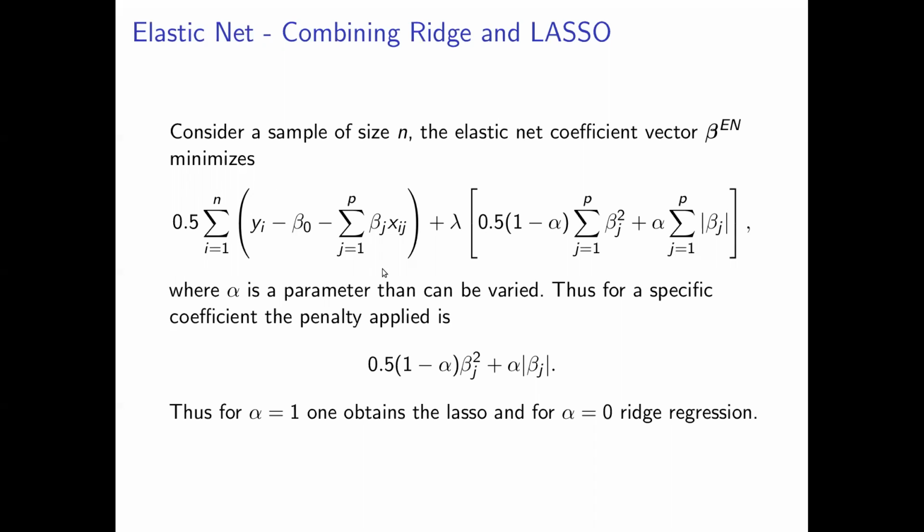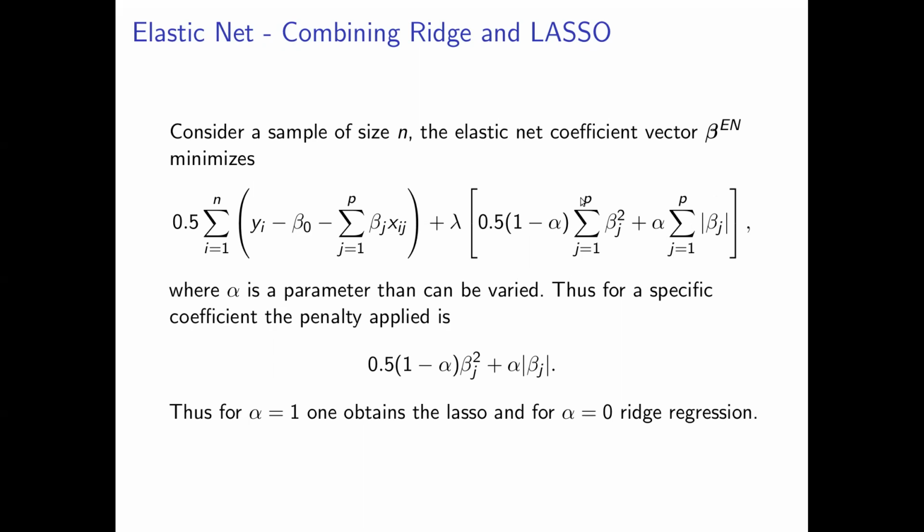We start out with the same thing as we had before, the OLS estimator, and now at the end we have a part which is 1 minus alpha times the sum of the beta j squared, and alpha times the summed up absolute values of beta j's.